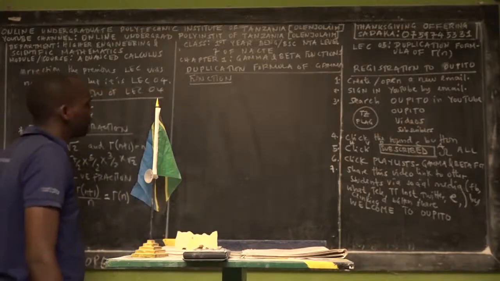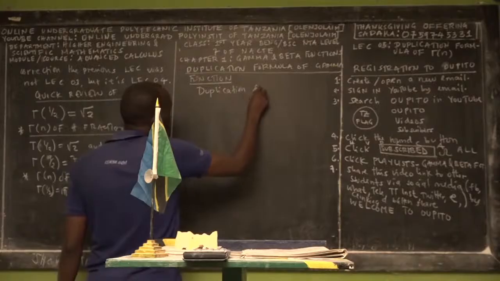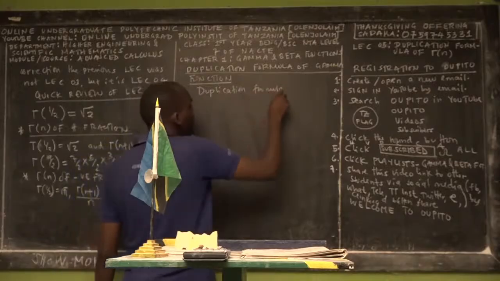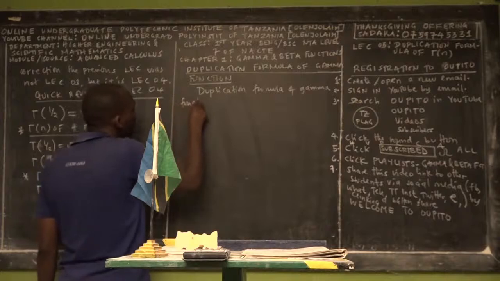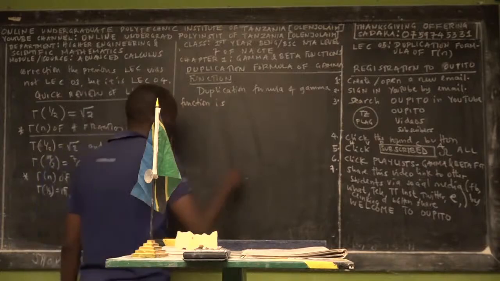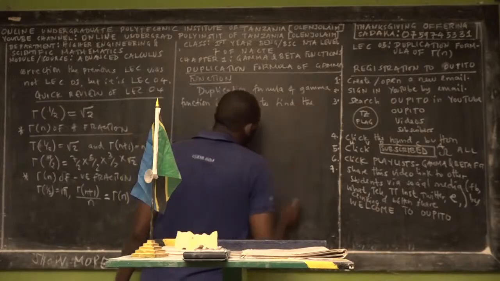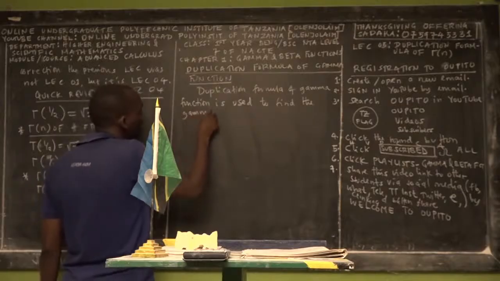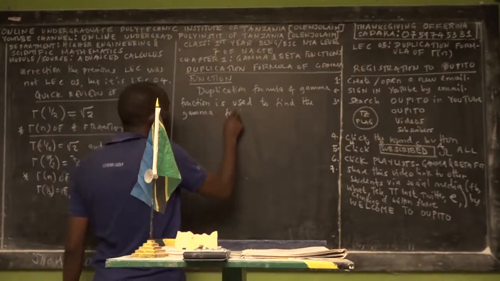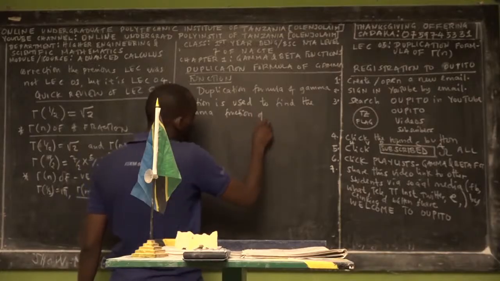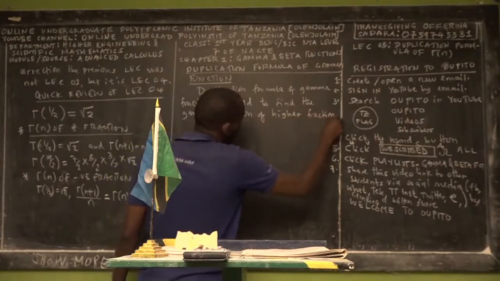First of all, what is duplication formula? Here's the fact. Duplication formula of gamma function is used to find the gamma function of higher fraction.